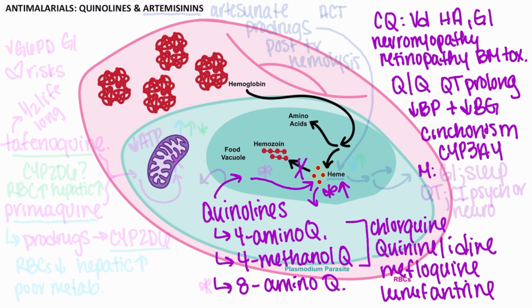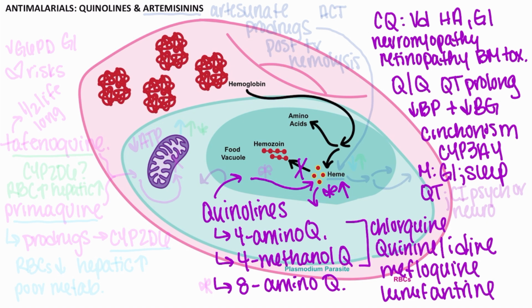The next agent we're going to talk about is mefloquine, and this is going to be the last specific agent we're going to mention. For this one, the side effects are going to be GI. There's also going to be some dizziness, some sleep disturbances, and there is also going to be concerns for QT prolongation and arrhythmia.